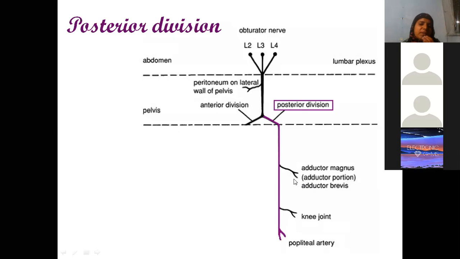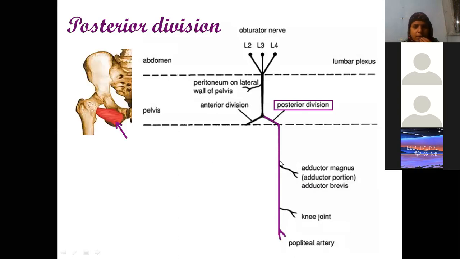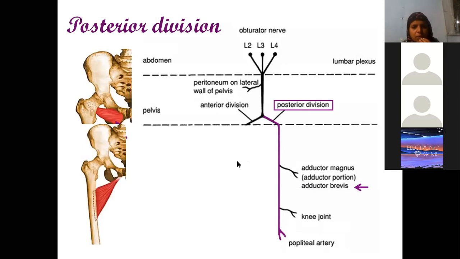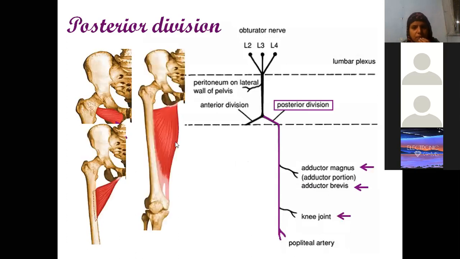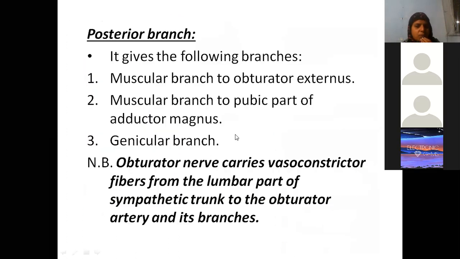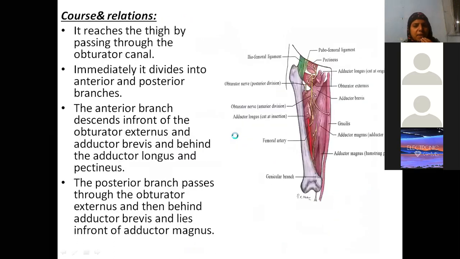These pictures are given in Vishram Singh also, so you can read from there. This is our adductor magnus, this is the adductor brevis. Whatever we studied is given in text form. Now the course and relations, just try to understand. This is the pectineus muscle we have.